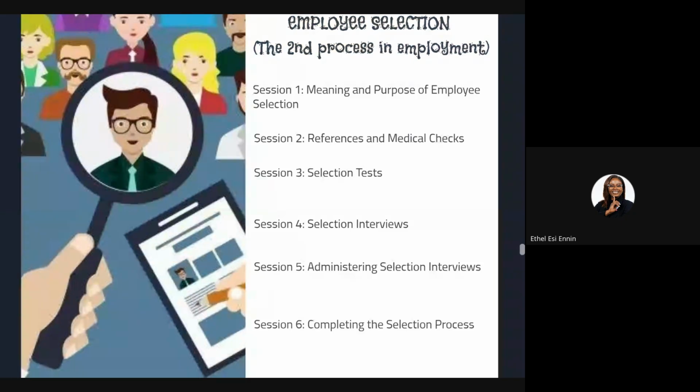I guess when you take your time and go back and read it again, you will be able to make the distinction between the structured and the unstructured, and their merits and demerits as well. The stress interview, if you have ever experienced it at an interview, you realize that they will ask you a question that, when you are done with the interview and you step out, you'll be wondering why they asked you that question. It is just to see how you are triggered.